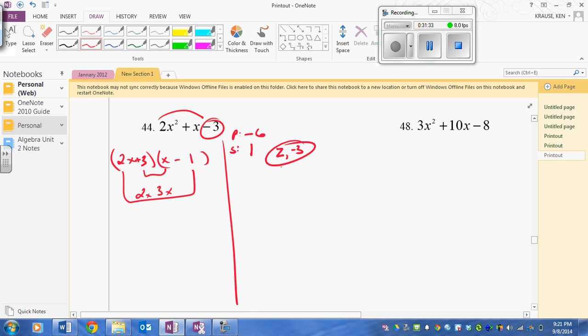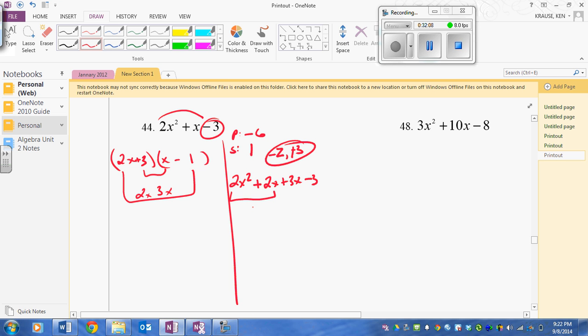Those don't add up to the middle, do they? It's negative 2 and positive 3. So we have 2x squared plus x again, plus 2x plus 3x minus 3.